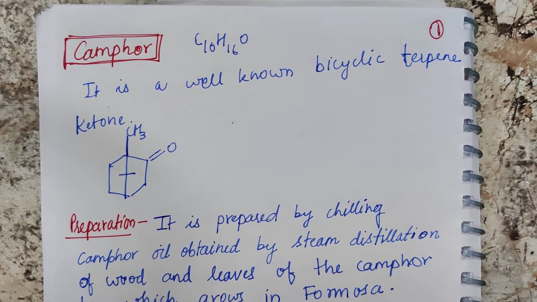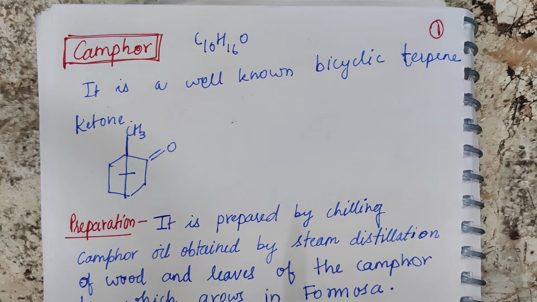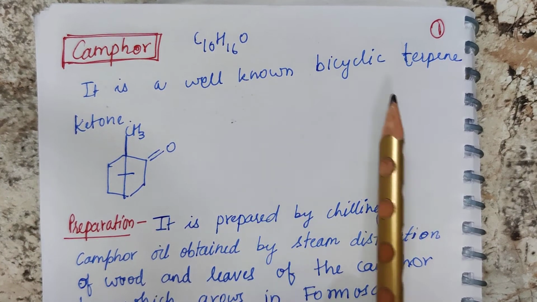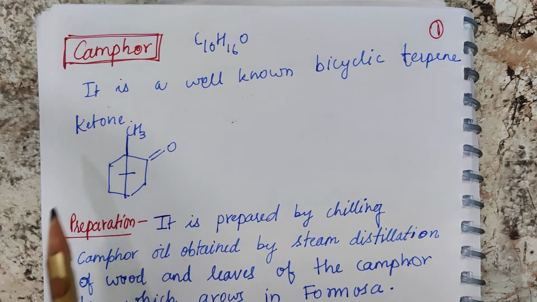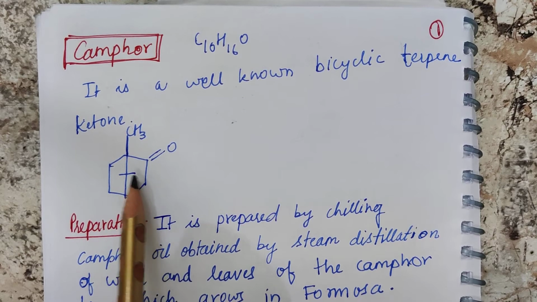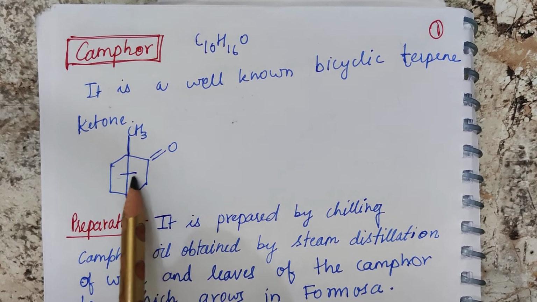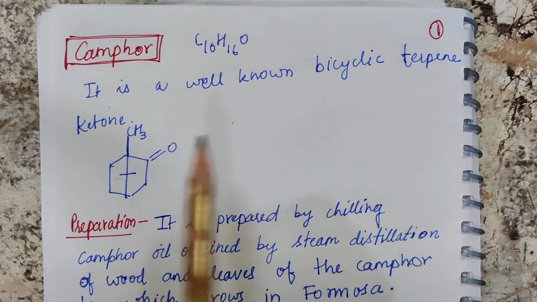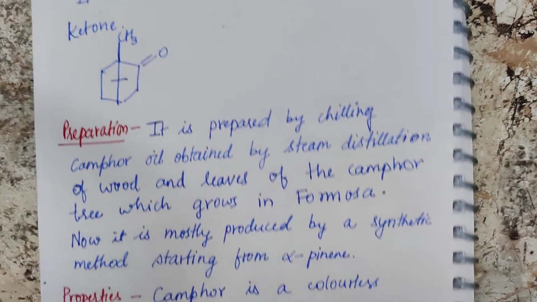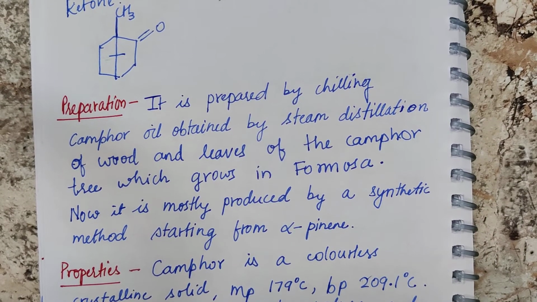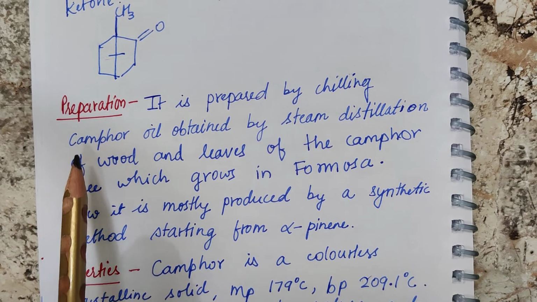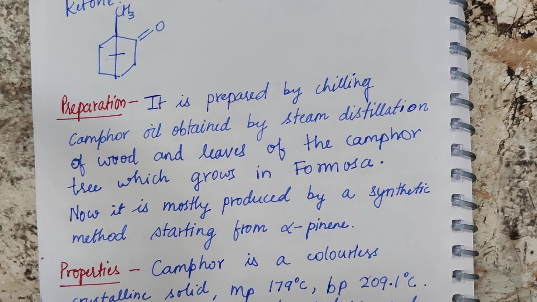Now camphor. The molecular formula is C10H16O. It's a bicyclic terpene ketone. So it has two cyclic rings. Similarly, it has methyl substituents in here and a ketonic group. So when you have to prepare the camphor, it is prepared by chilling camphor oil obtained by steam distillation.